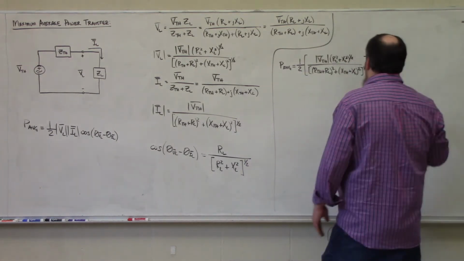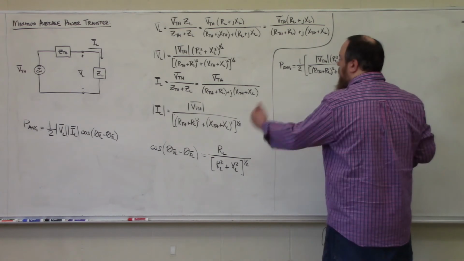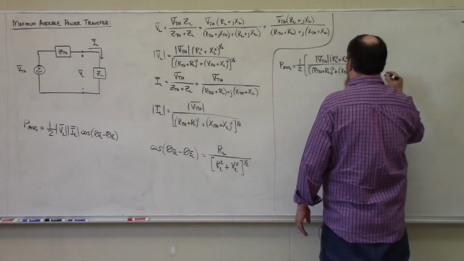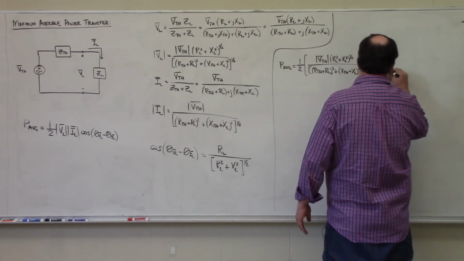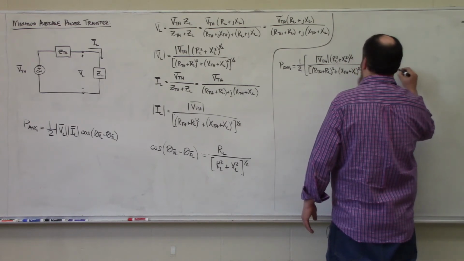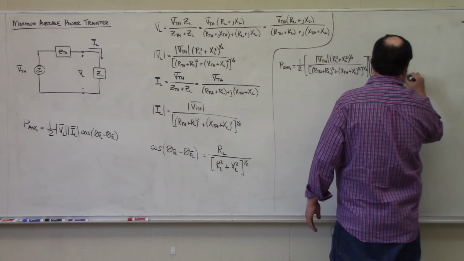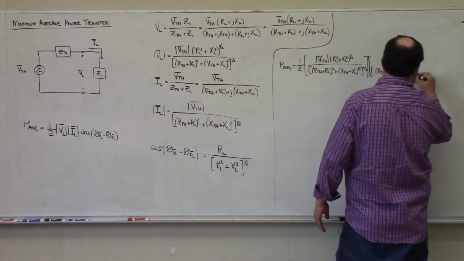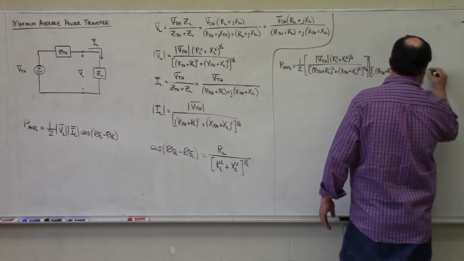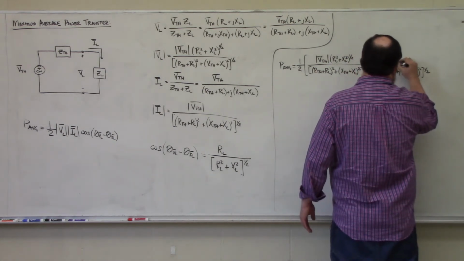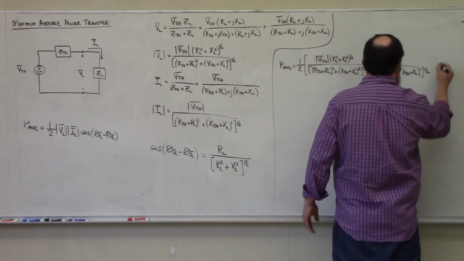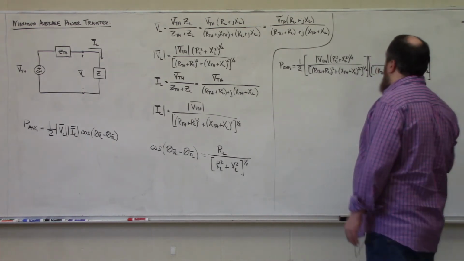When I put in IL, I'm going to get this same denominator here, RTH plus RL squared, XTH plus XL squared, to the square root, magnitude of VTH in my numerator, close that guy off.